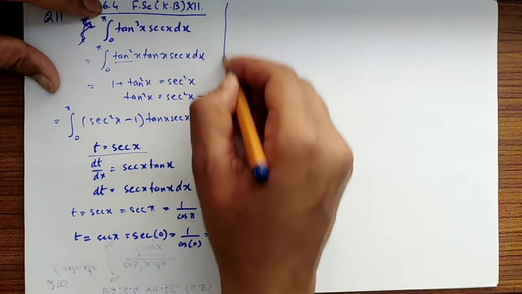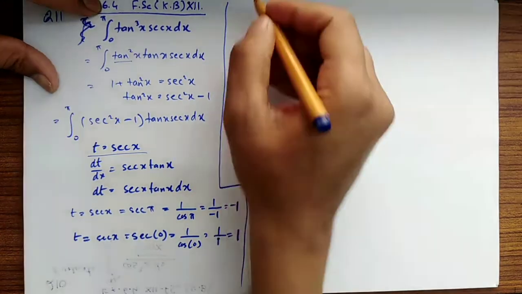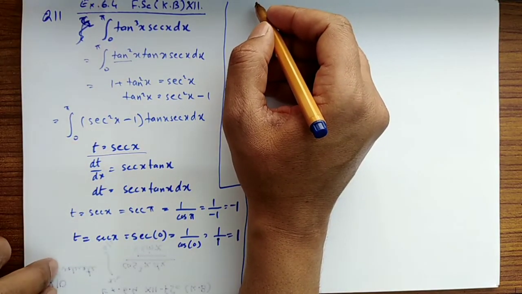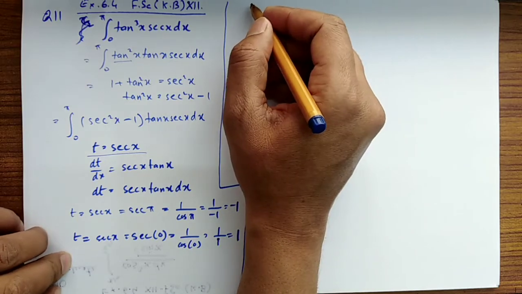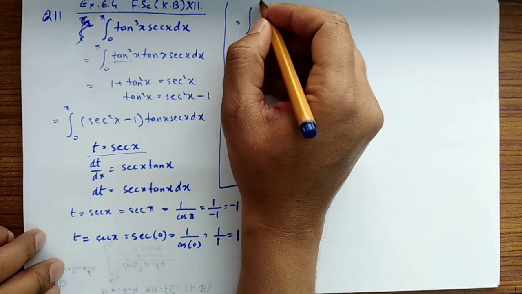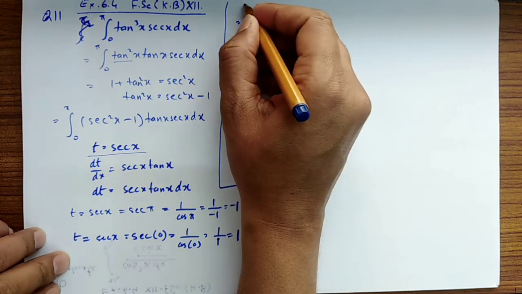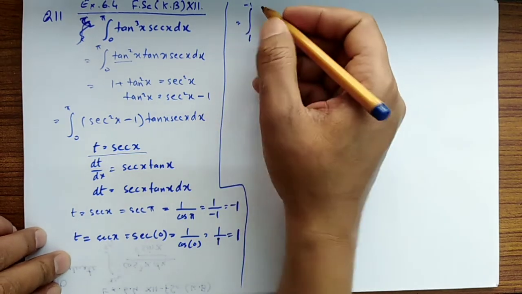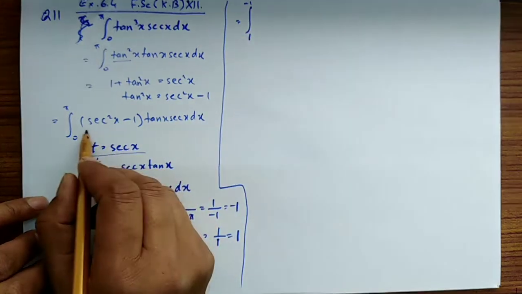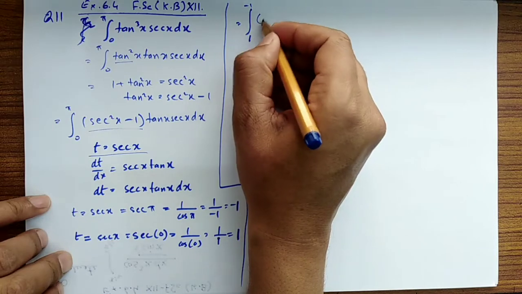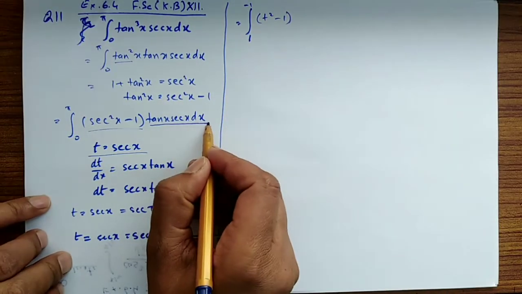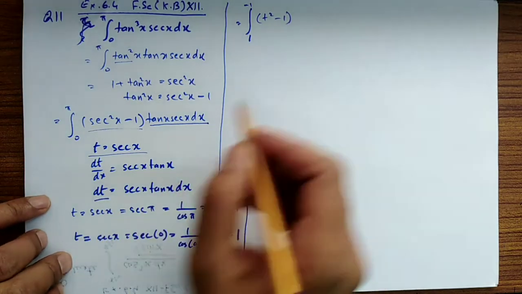Putting the values into the original question, I now have the integral with new limits minus 1 and 1, and in place of tan square x I am going to put t square minus 1, and in place of tan x sec x dx, that is equal to dt.